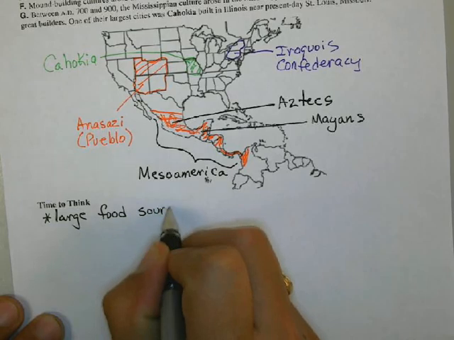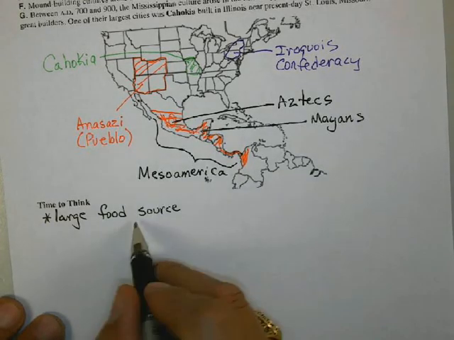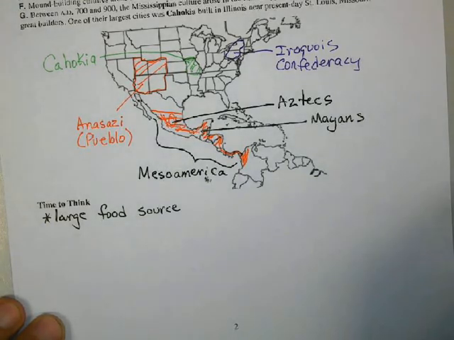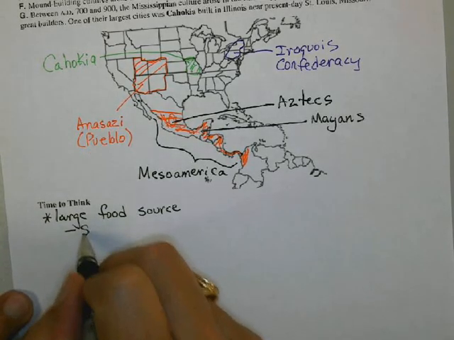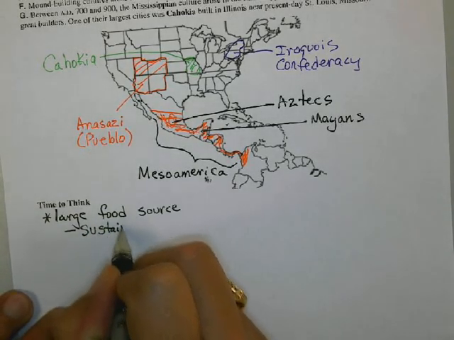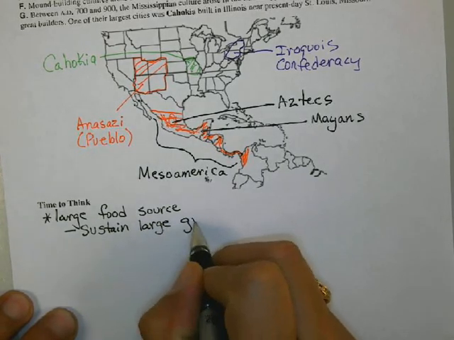If you remember, the first groups, the gatherers and the hunters, it was all about survival. You know, what am I going to eat today? Am I going to be eaten today? With the large food source coming from the maize, the corn, everything changes because now they are able to sustain large groups.